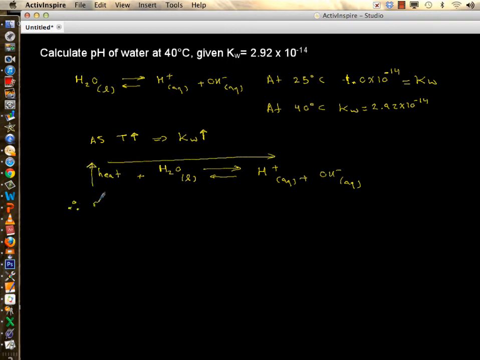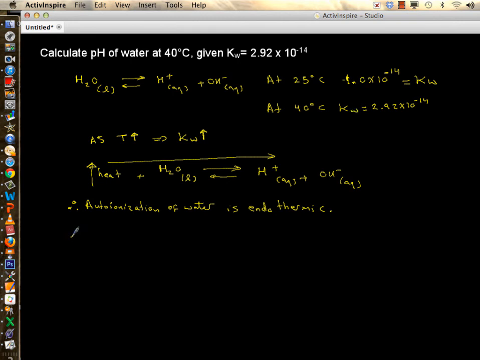Therefore, I'm going to spell it out, this reaction, autoionization of water, is endothermic. Remember this for the sake of many IB questions. Is autoionization endothermic? They give you Kws. You should be able to compare the two numbers. If temperature goes up and Kc or Kw goes up, you are endothermic.